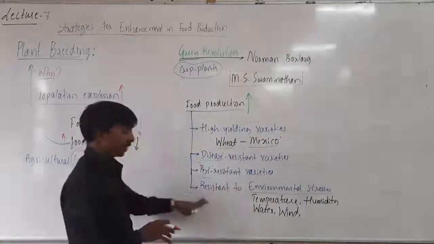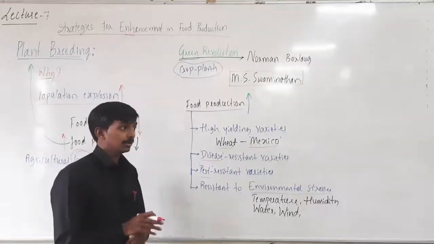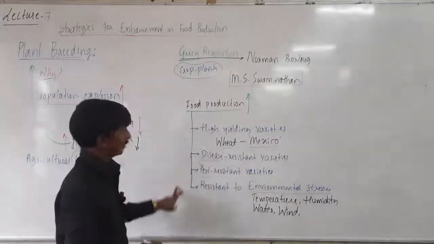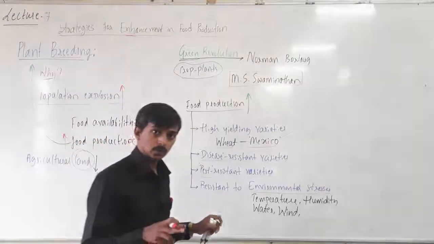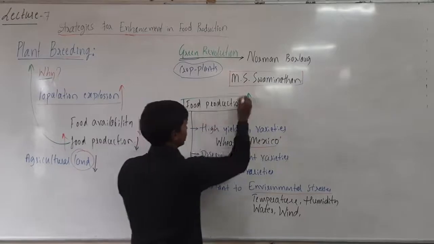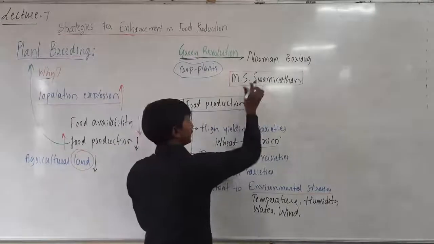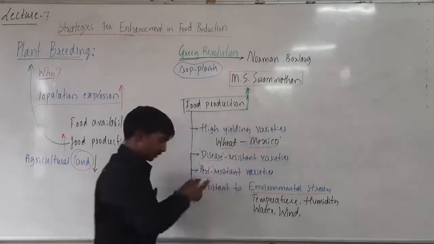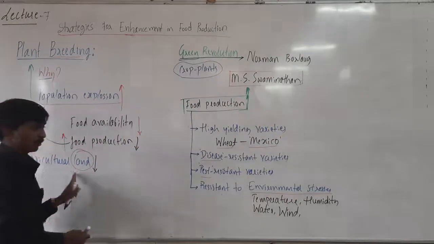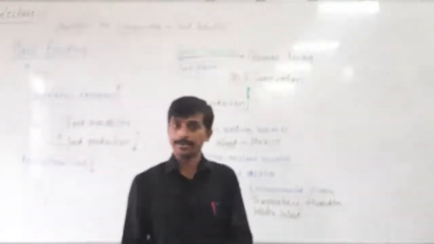So, if the plant is able to tolerate all those conditions, if the plant is fulfilling all these conditions, then of course the food production can be increased. Of course, the food production will be increased by using the existing amount of the land, right.